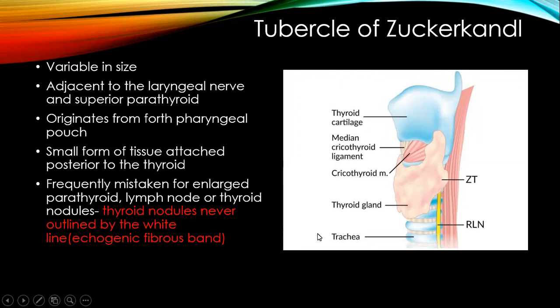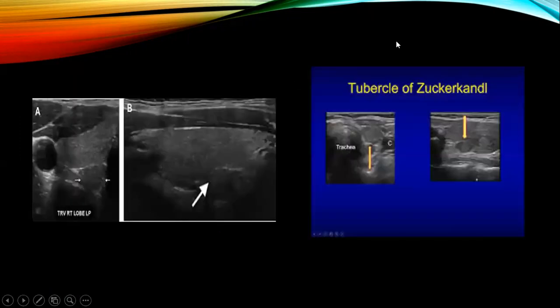So that's how you distinguish it from a thyroid nodule, as seen in these images. This is our tubercle, and this is the white line that I was talking about that will let you differentiate it from a thyroid nodule. This fibrous band is also seen here in the transverse view, and also on the other image.